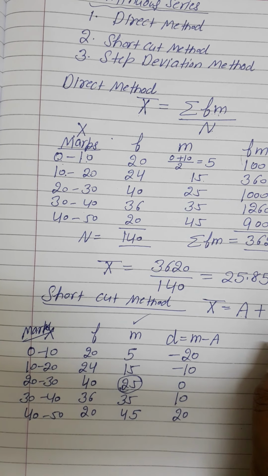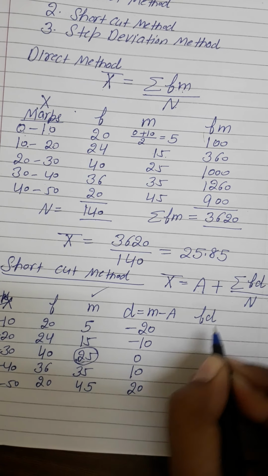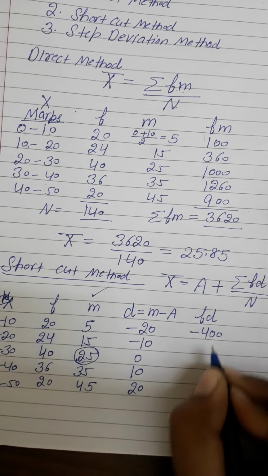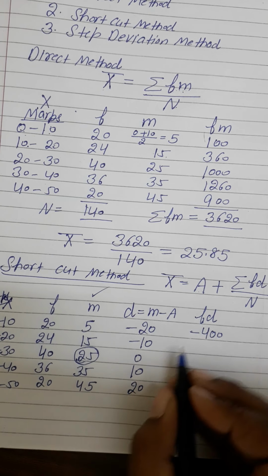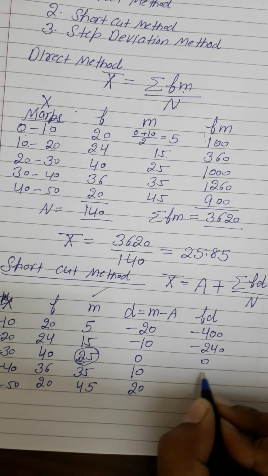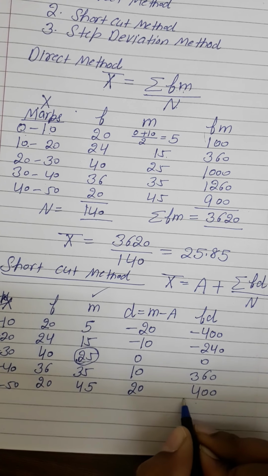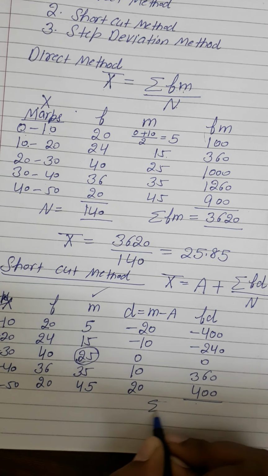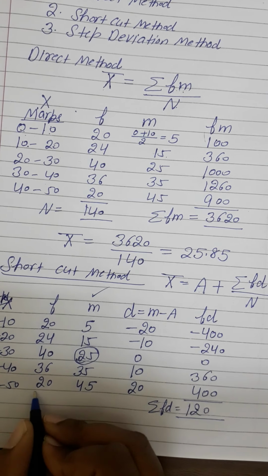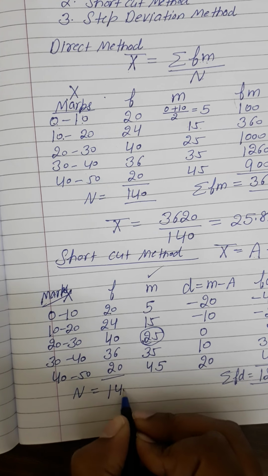Now to calculate FD, we will multiply F and D. 20 into minus 20 is minus 400. 24 into minus 10 is minus 240. 0, 360 and 400. And the total of summation FD is 120. And summation F is n is equal to 140.